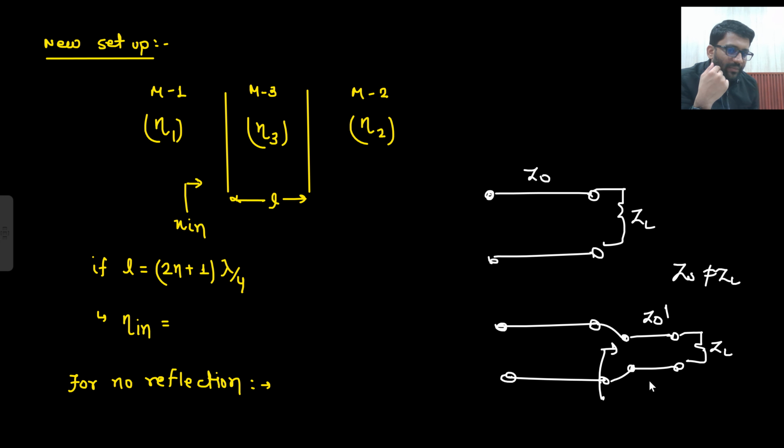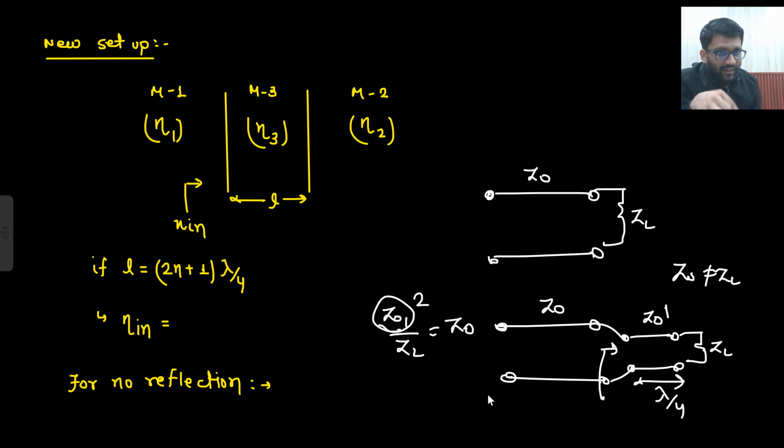So looking from here, how much impedance would you get? If the transmission line is lambda by 4, then the impedance you would have got is Z0 square divided by ZL. And I used to equate this impedance to Z0. So I would set up the value of Z0 dash in a manner that this equation becomes true, because Z0 dash is in my control. ZL is not in my control, Z0 is not in my control, but Z0 dash value is in my control.